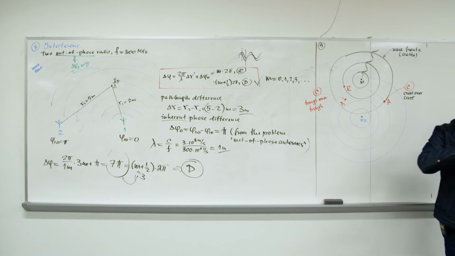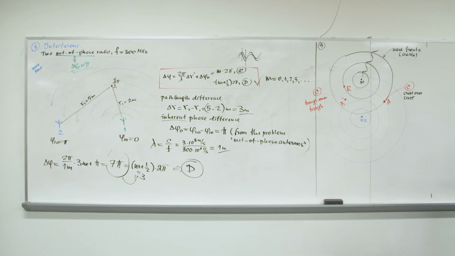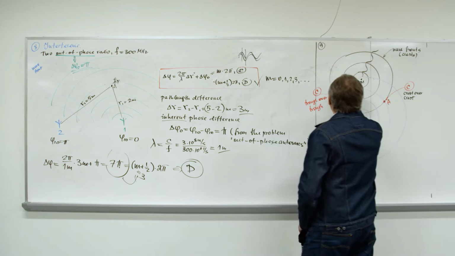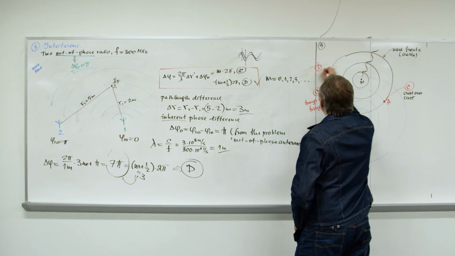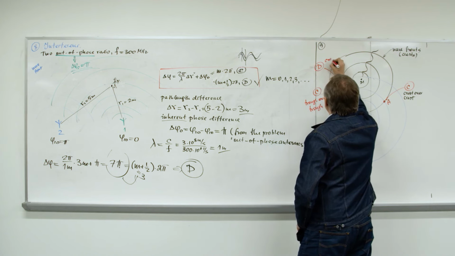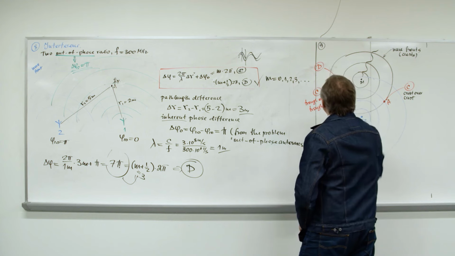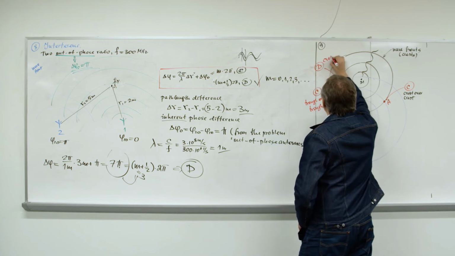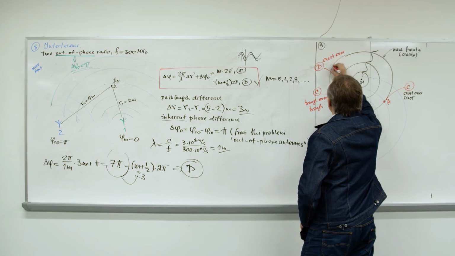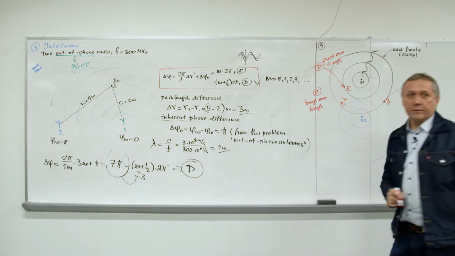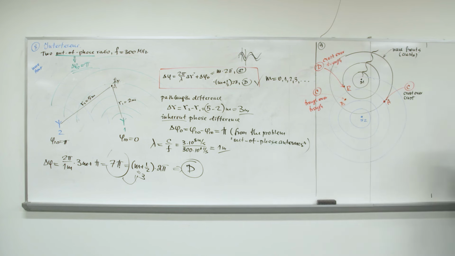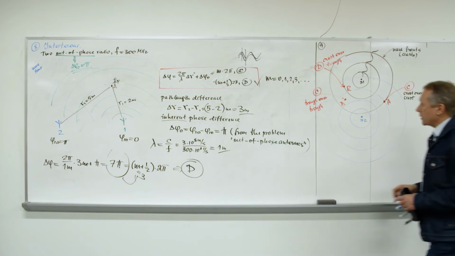Crest over trough, destructive. They completely cancel each other, so there will be no disturbance of the medium at that spot. So yeah, of course, it's a point of destructive interference. So D is a crest over trough, destructive interference. By just looking at the picture, you can easily jump to the conclusion.